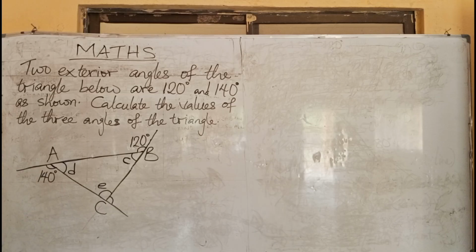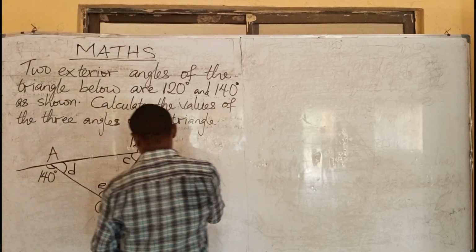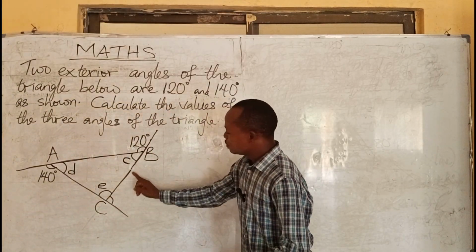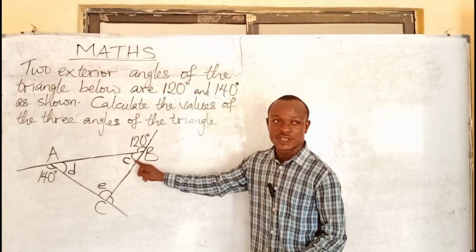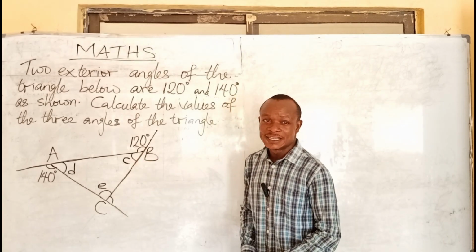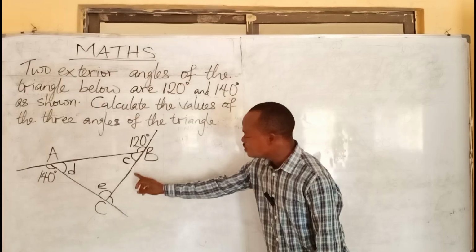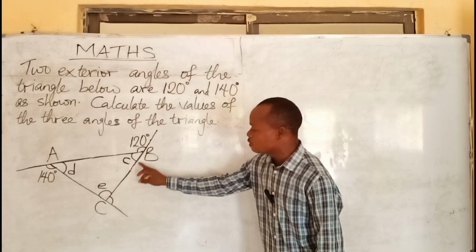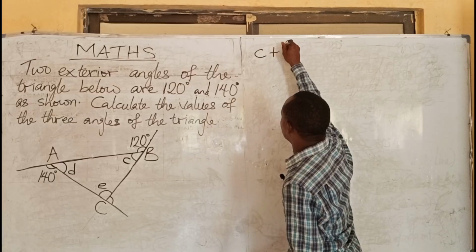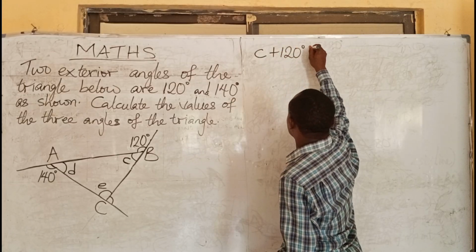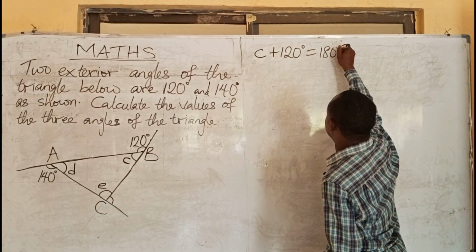How do we now go ahead and solve them? It's very easy. Let me start with angle C. We know that this is a straight line. So if this is a straight line, it means that the sum of these two angles here is 180 degrees. Since the sum of the angles on a straight line is always 180 degrees, we say C plus 120 degrees is equal to 180 degrees.